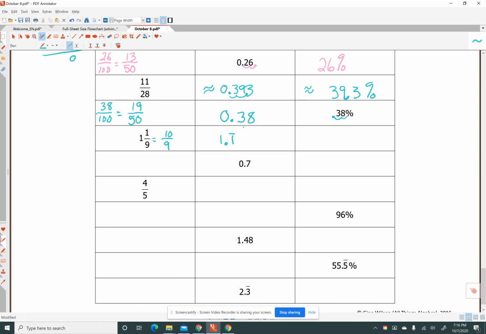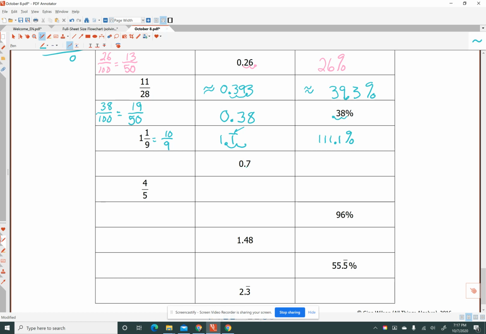And that's what this little bar represents. So in order to multiply by 100, we need to move the decimal point 2 places. And because this is a repeater, we can keep adding ones. It's kind of a special rule. 111.1%. Special rule for the repeater.